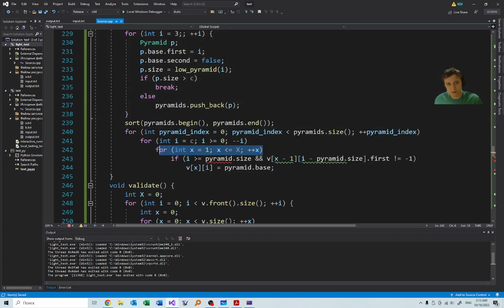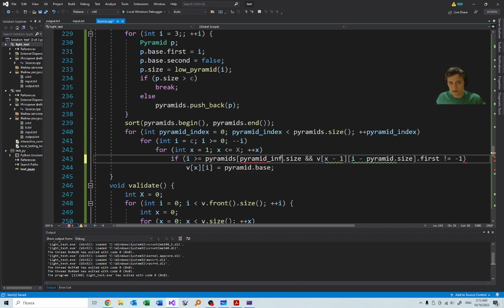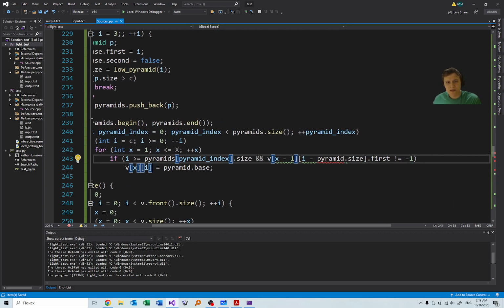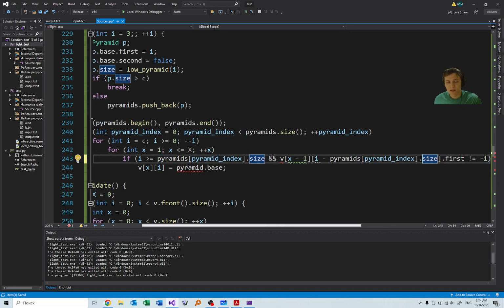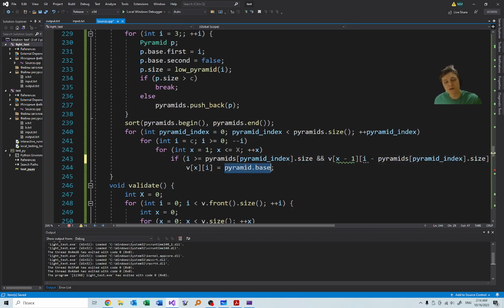If I is at least pyramid index dot size, and vx minus 1 I minus the same thing, then we store here not the pyramid itself, but its index, which is pyramid index.